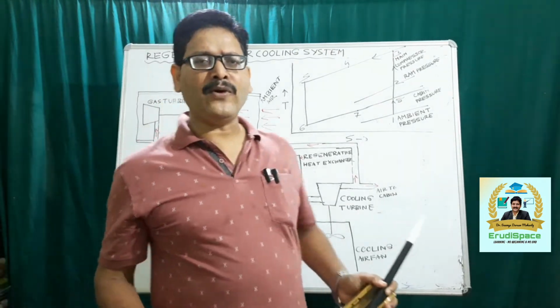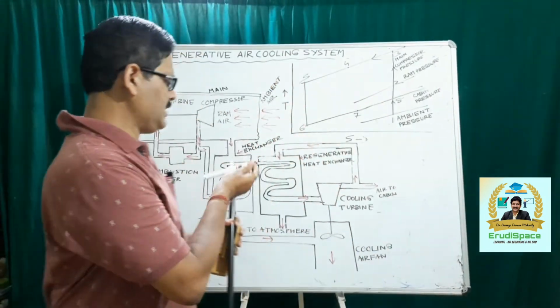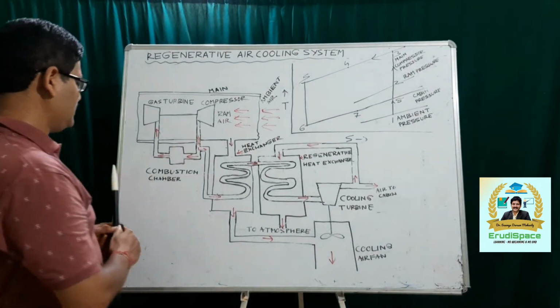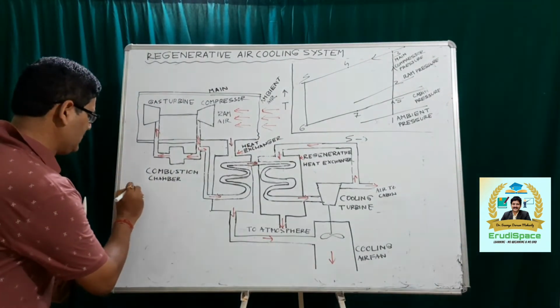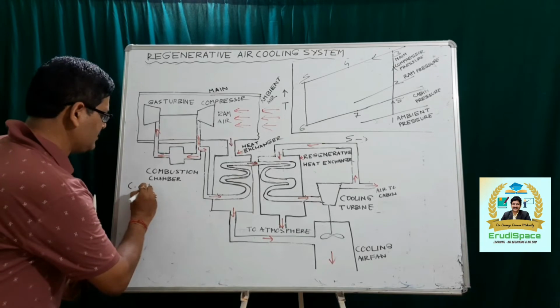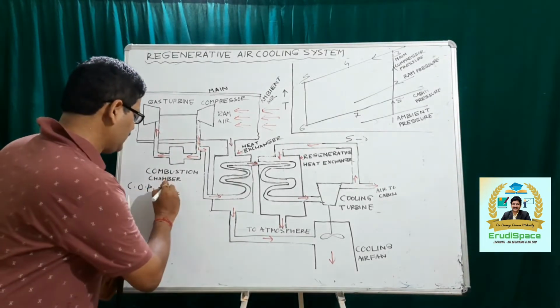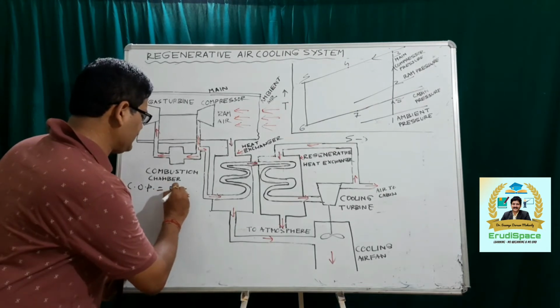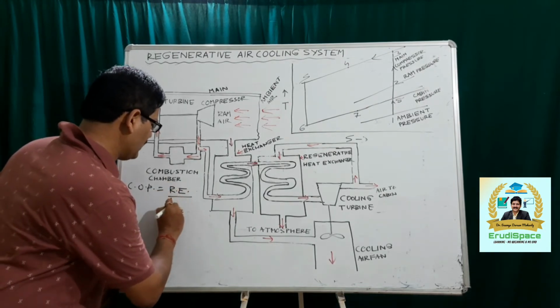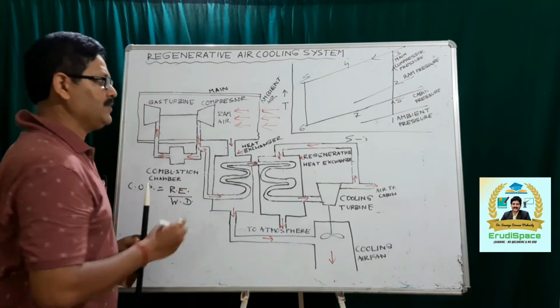Next thing that we will find out, the coefficient of performance or the COP of the refrigeration system. So COP of any refrigeration system is the ratio between the refrigerating effect divided by the work done in the compression.